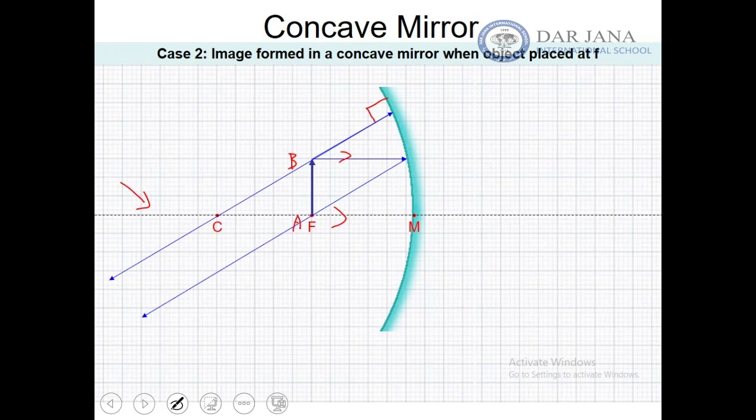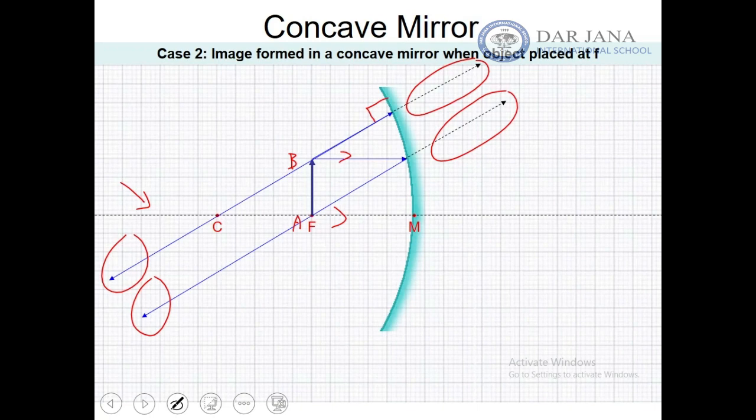On the left side, there is no intersection for the reflected rays, as we see here. They didn't intersect. So we need to check on the right side by elongating the reflected rays back. By elongating the reflected rays to the right, we can notice that they also didn't intersect.